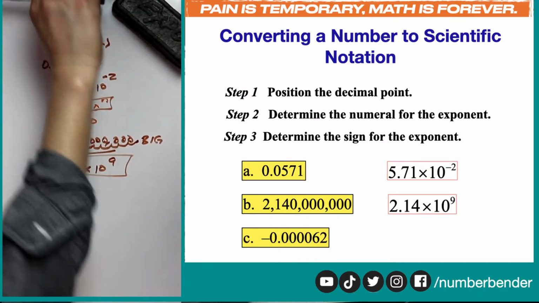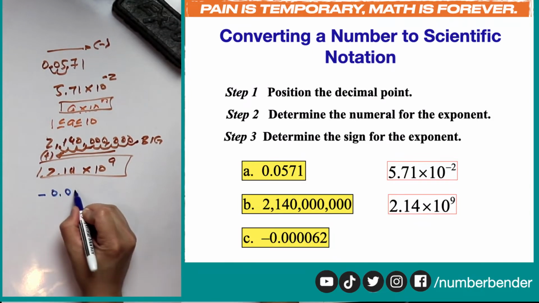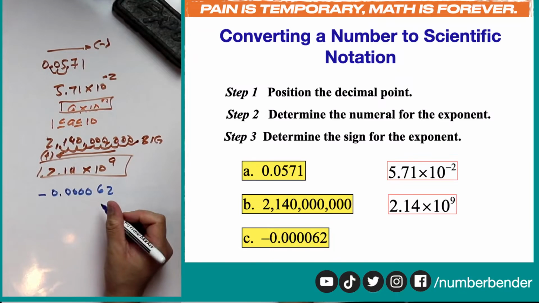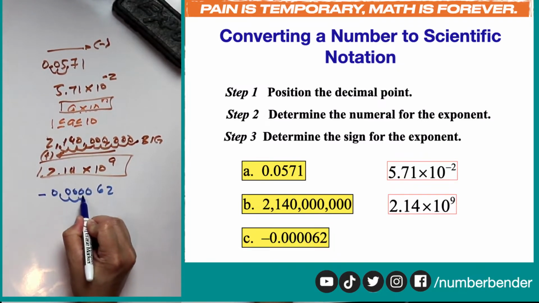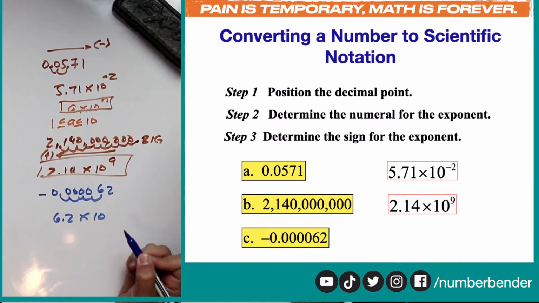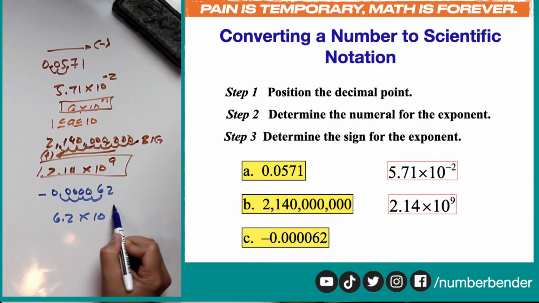And for problem number 3, we'll have negative 0.12346. We'll change this number into its scientific form. 1, 2, 3, 4, 5, 6.2 times 10 to the 1, 2, 3, 4, 5, 5 times.